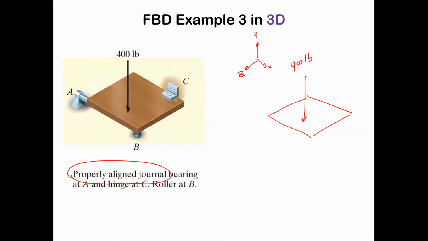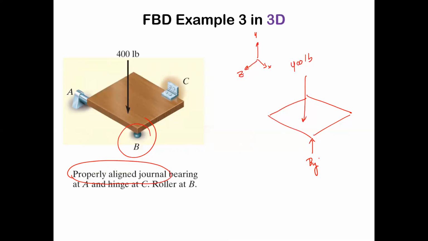You can do that as well, but stick with your axes and be consistent. So at B, this is a roller. What kind of reaction are we going to have at B? Just a vertical force, right? We'll call that By.